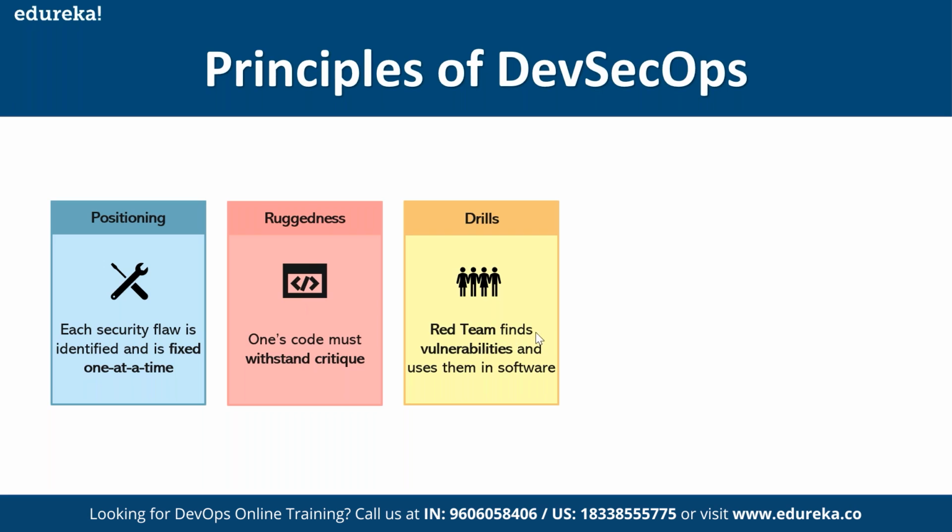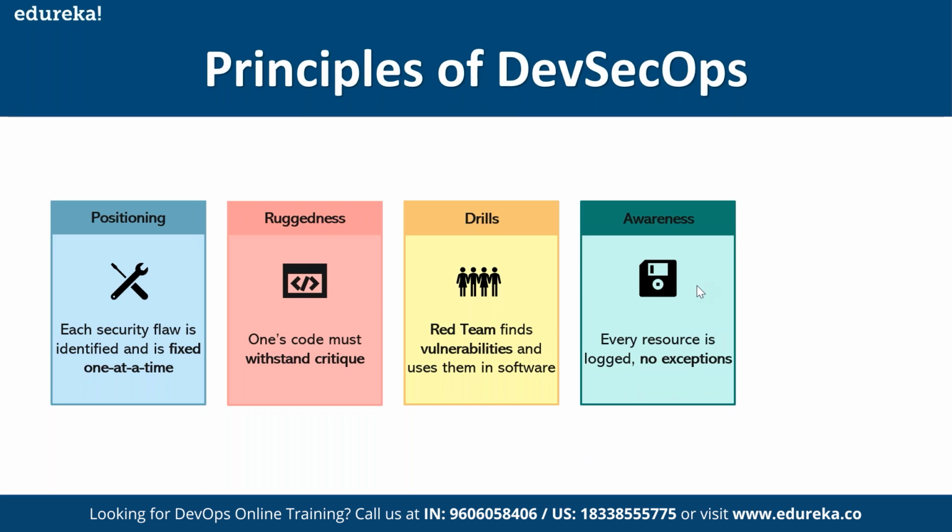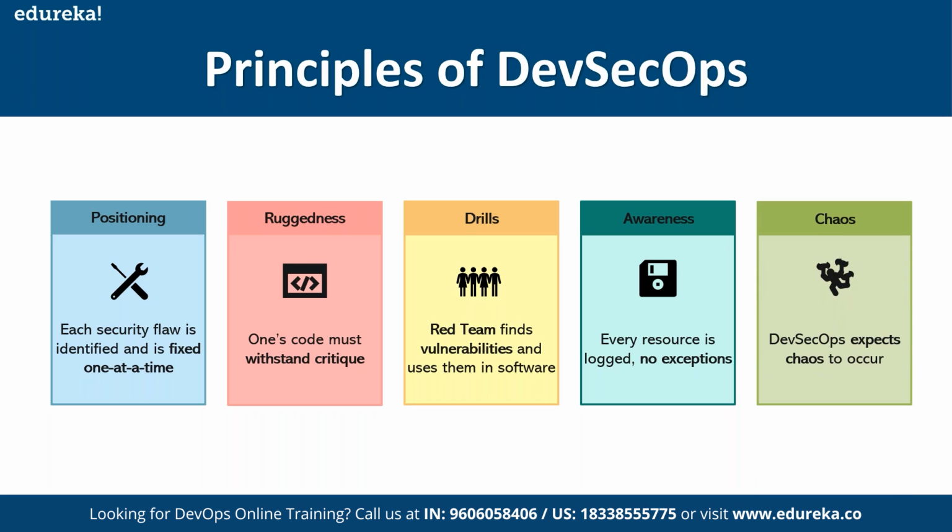Drills: red team finds vulnerabilities and uses them in the software. Awareness: each source is logged, no exceptions. Anything that has to be found should be found on time. Chaos: DevOps experts cause chaos to occur. I mean, they are always ready to fix the issues. So these are a couple of the principles.